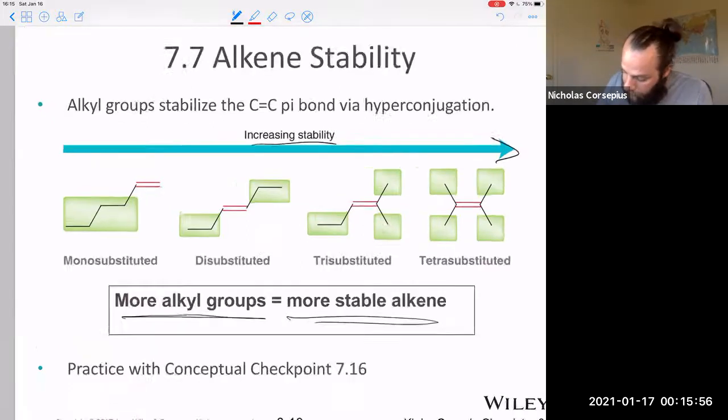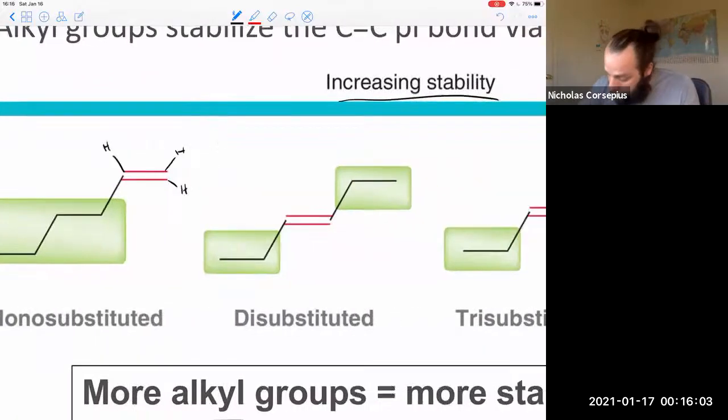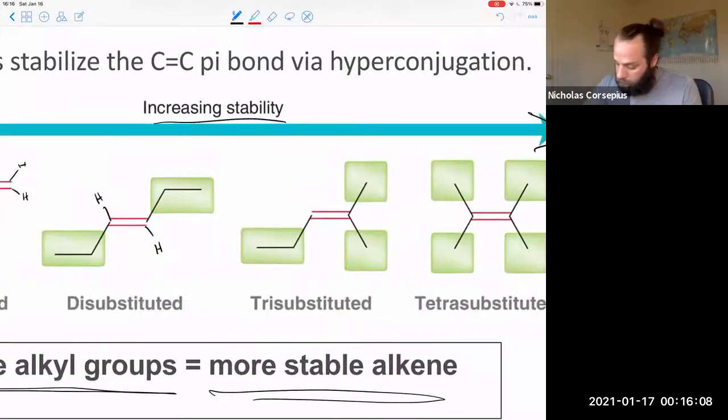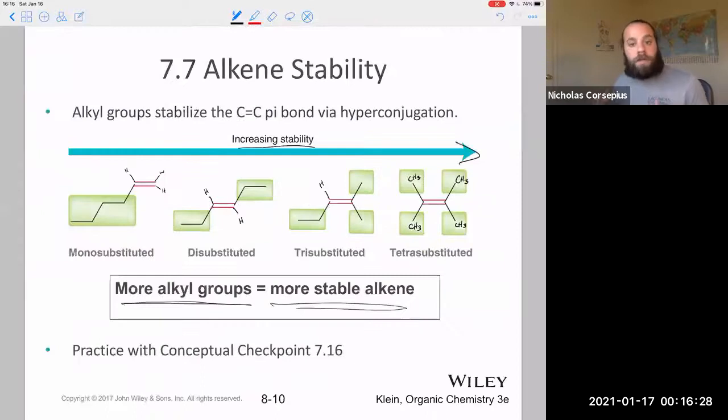Well, this alkene here has 1 alkyl group and 3 hydrogens. That's less stable than if it was disubstituted with 2 alkyl groups and 2 hydrogens. Less stable than if it was 3 alkyl groups and 1 hydrogen. And the most stable is if all of those substituents on that alkene are alkyl groups, for example methyl groups. That would make that alkene more stable. So more highly substituted means more stable.